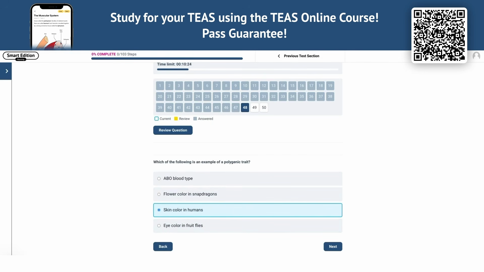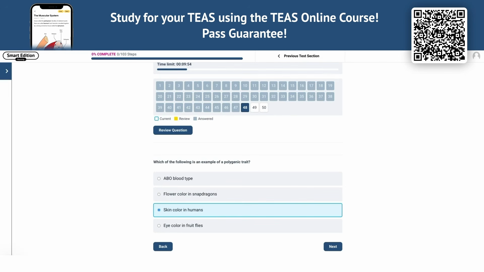A polygenic trait basically means it is a trait that is influenced by multiple genes working together. And skin color is a polygenic trait. This combination of genes results in a range of possible skin colors rather than a simple one gene, one trait outcome. Because many genes contribute, polygenic traits like skin color show a wide variety of appearances.